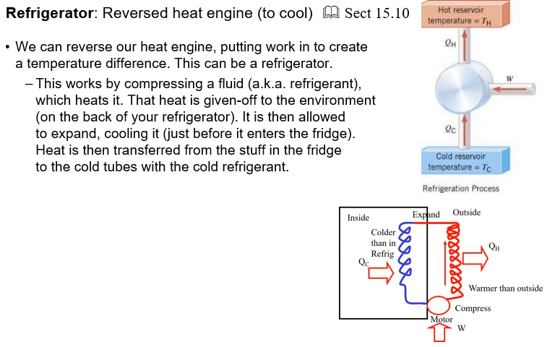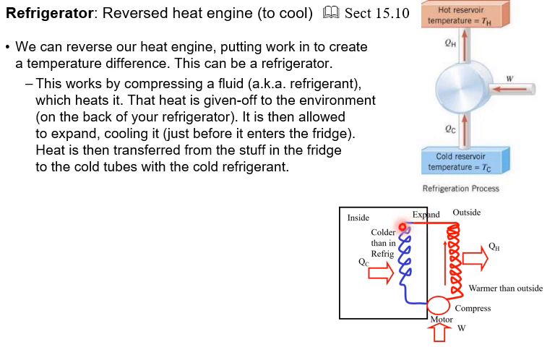So how does a refrigerator actually work? You might be curious what it's actually doing. You basically take a motor and you compress a refrigerant, which heats it. The heat is then given off to the environment on the back of your refrigerator, so that's why the back of the fridge is pretty hot. You then allow it to expand, which cools it just before it enters the fridge.